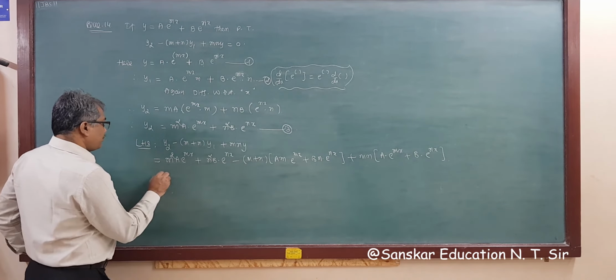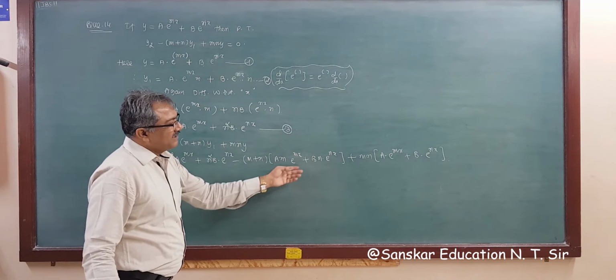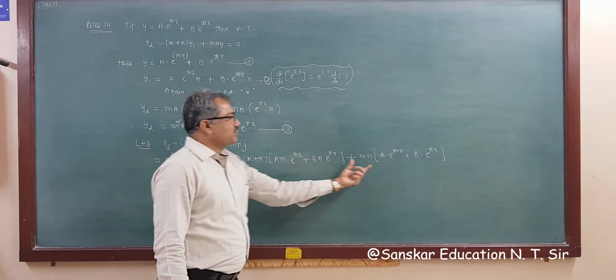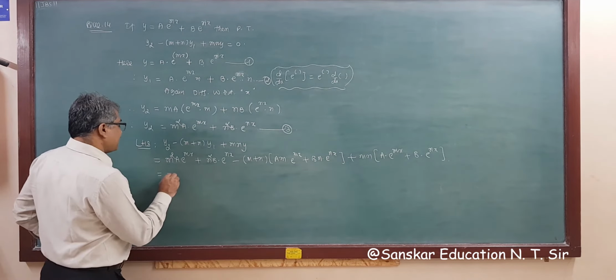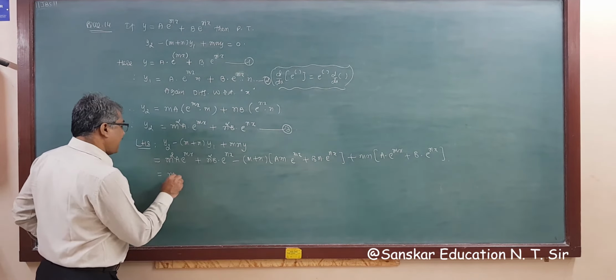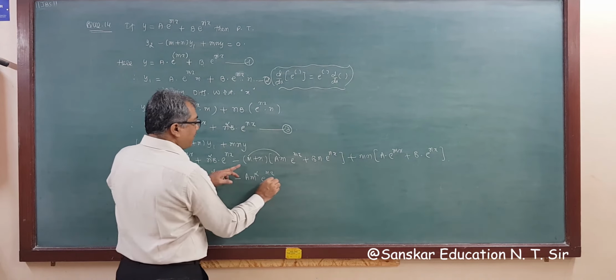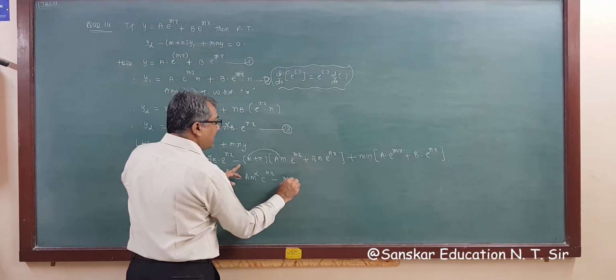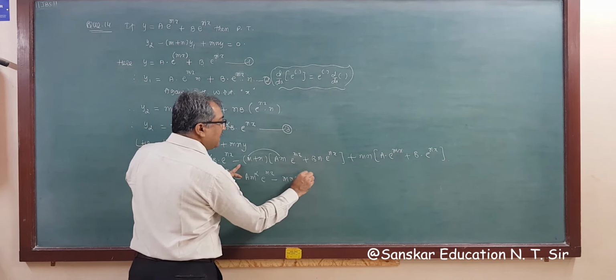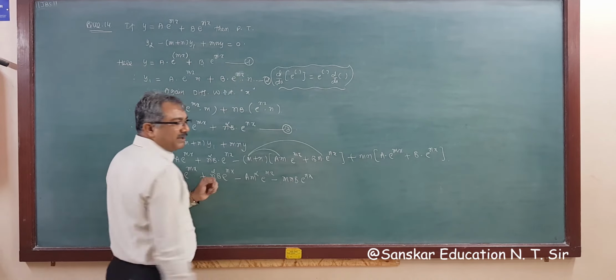Right? So now multiplying this and multiplying this also. This is m square a e^(mx) plus n square b e^(nx), minus, multiplying by m, what we get? a m square e^(mx) minus m n b e^(nx).